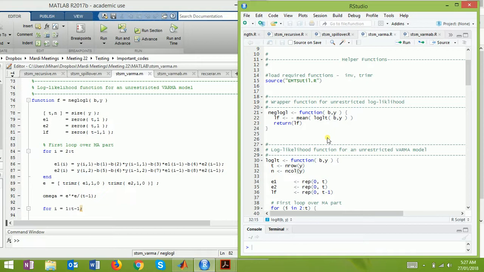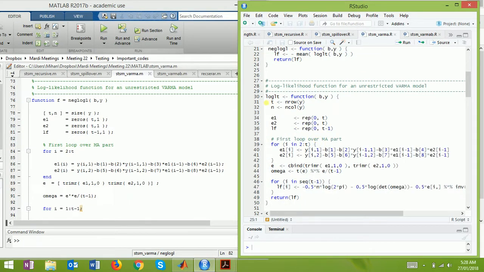Looking into the unrestricted VARMA model, the complete log likelihood function will be taken here. First of all, neglogL is a function of theta, which has the mean of logLt by theta, and returns lf.